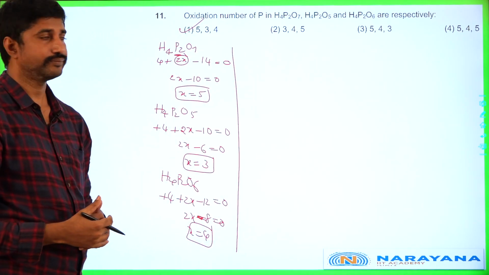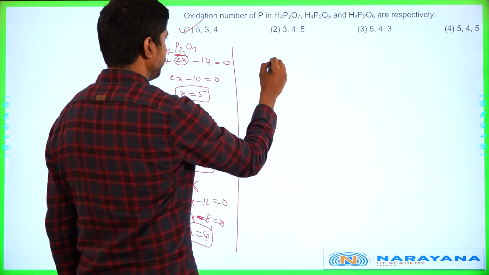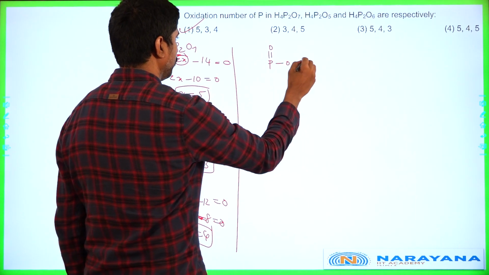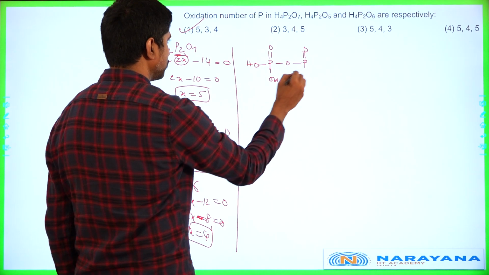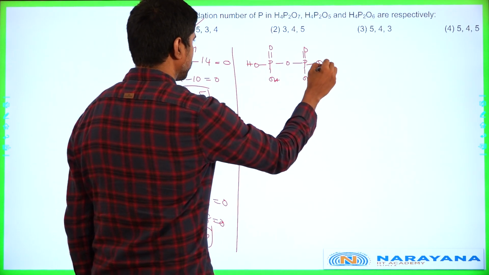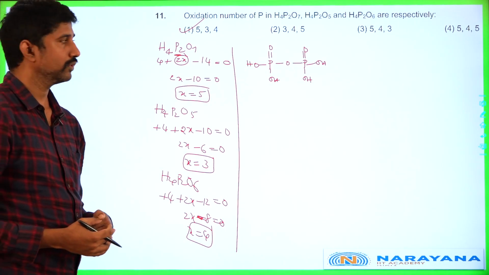Option 1. And if we examine the structure of H4P2O7, from NCERT only. So all these compounds are given in NCERT and the structures also. H4P2O7 structure.